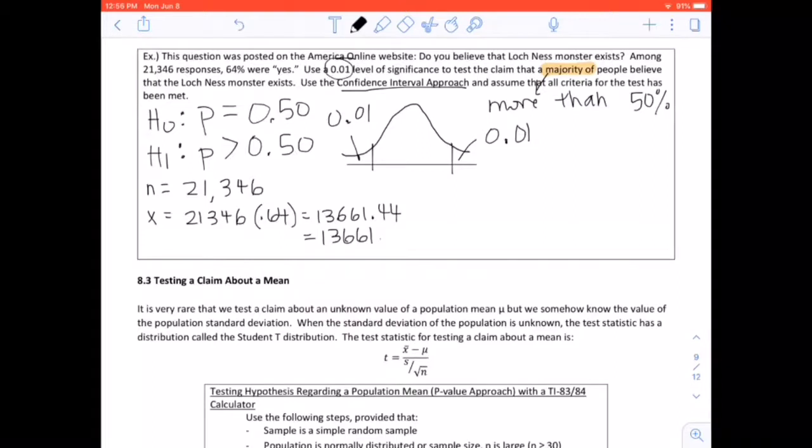That's how it works for any confidence level: it's always that middle, and the plus or minuses are the ends. So the value in the middle is 1 minus each of those alphas, which works out to be 0.98. So our C-level, the confidence level on your calculator, is going to be 0.98.